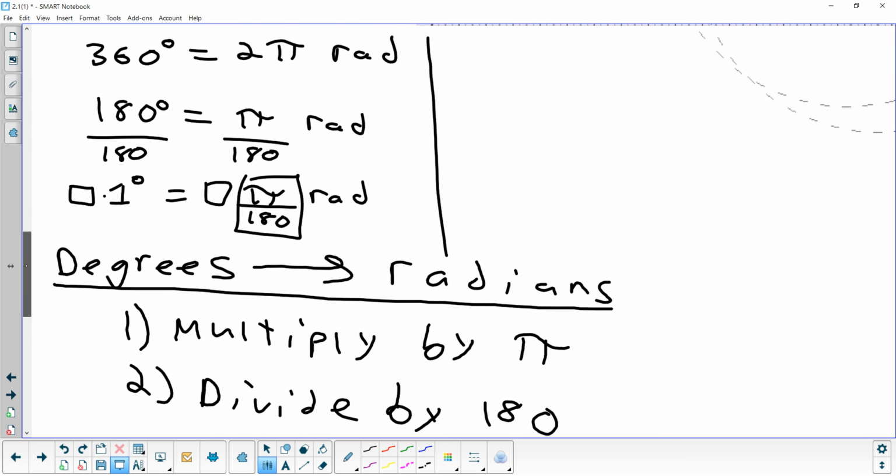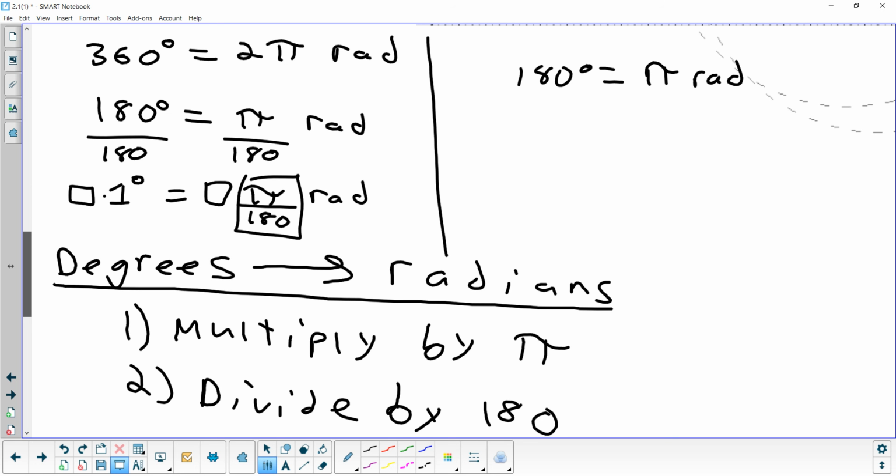Now, radians to degrees is almost the same thing. Go back to what we had right here. This time, let's get a 1 on the other side.